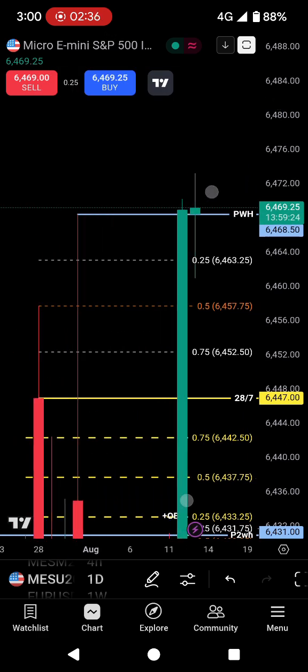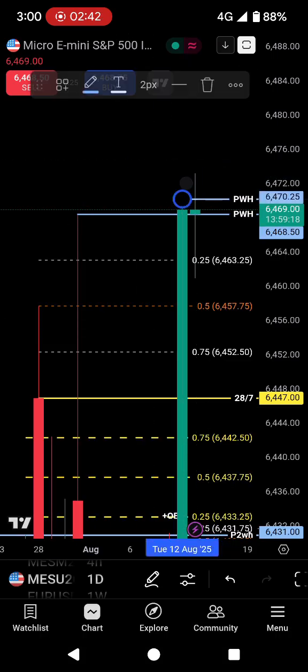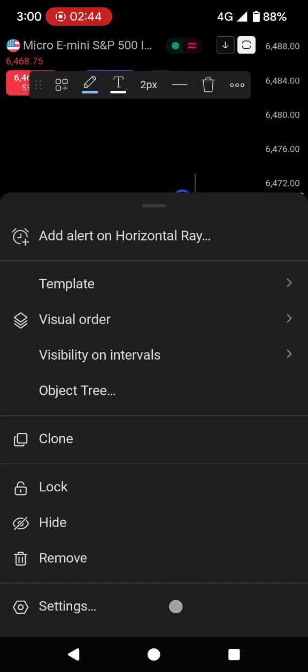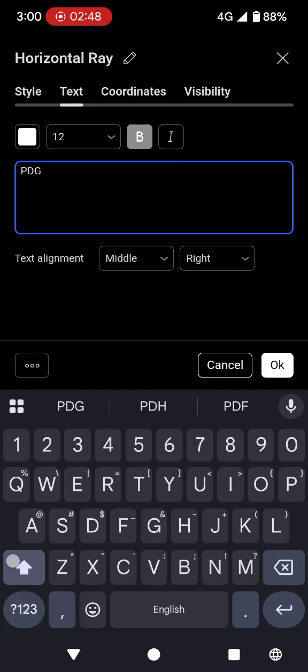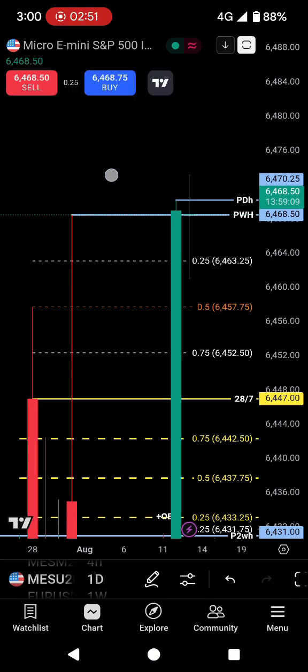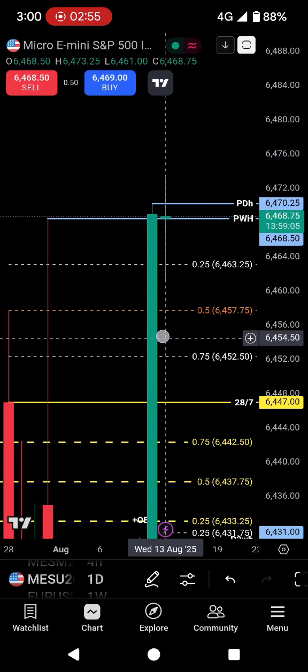Okay. So previous weekly high cleared, previous daily high also cleared. Okay, cleared previous weekly high, previous daily high, and we are rejecting back right now.